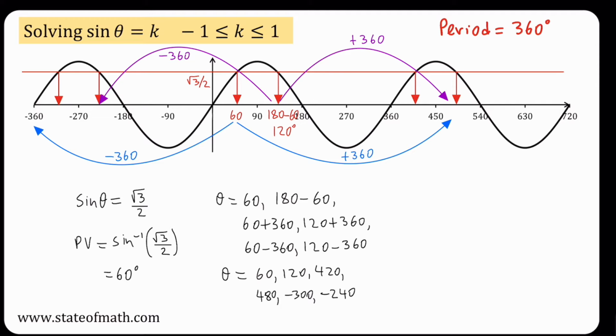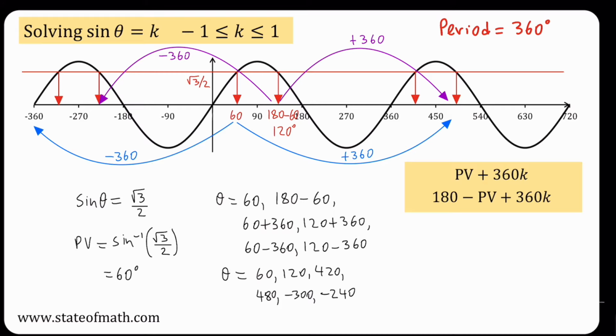Now I can generalize all of these by simply considering that with my PV, my principal value, I've got one solution, and the second solution will be 180 minus the PV, and I can add or subtract multiples of 360, multiples of the period, which leads to the formula that PV plus 360k, or 180 minus PV plus 360k, will give me all of the solutions.